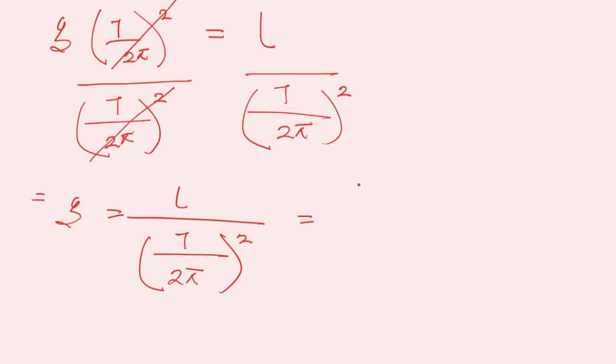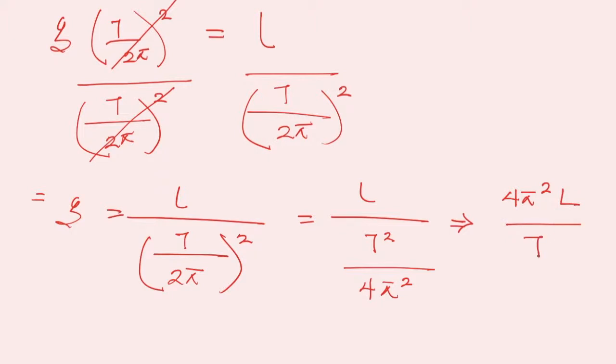Now this is the same as L over, we can explicitly expand this to be t squared over, since we're squaring everything, 2 squared is 4 and this is pi squared. Now you know that this is the same as writing this as 4 pi squared L over t squared.